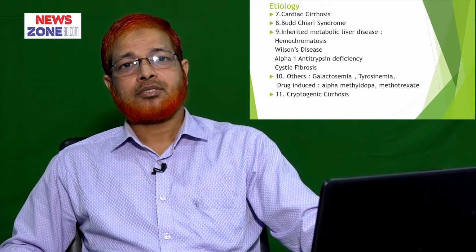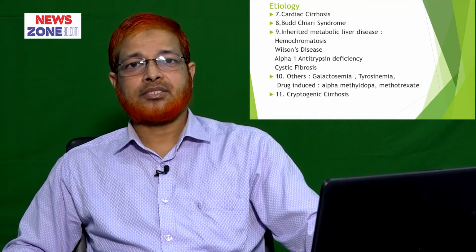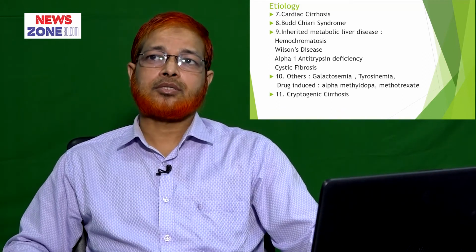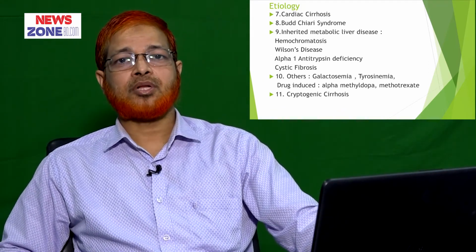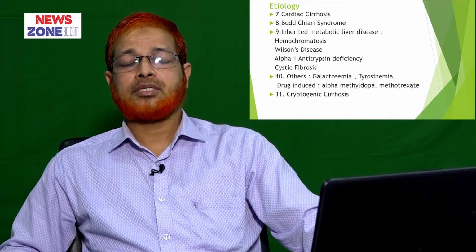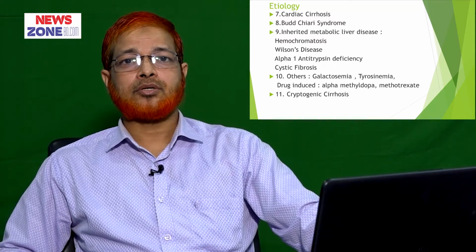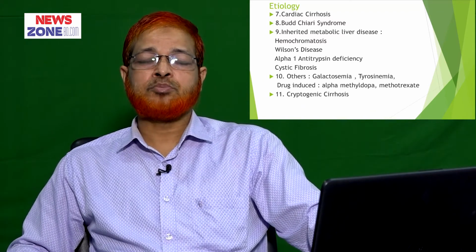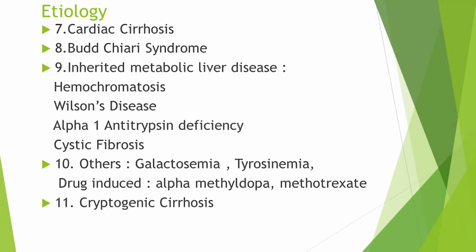If the patient suffers from cardiac disease with long-standing congestion, the patient may develop cardiac cirrhosis. If the patient develops Budd-Chiari syndrome and other veno-occlusive diseases, or inherited diseases like hemochromatosis, Wilson's disease, and alpha-1 antitrypsin deficiency, the patient may develop cirrhosis of liver.